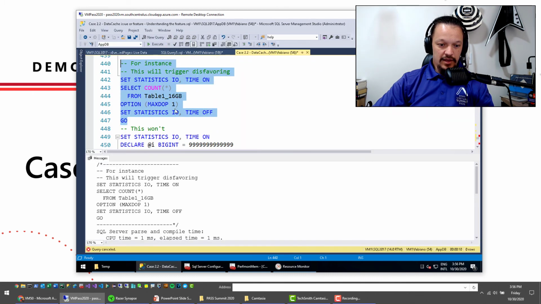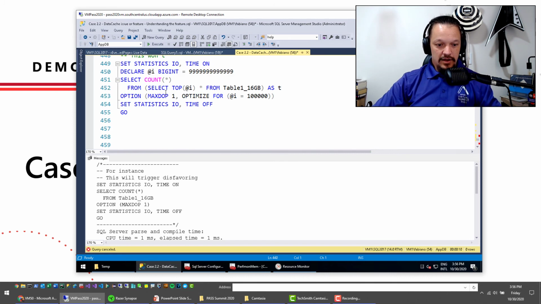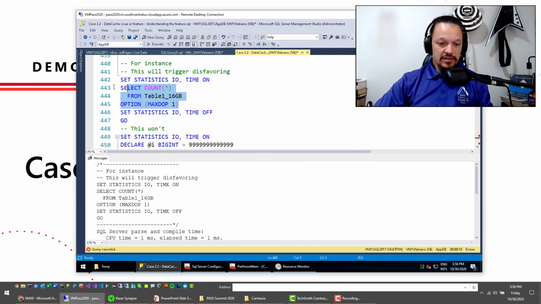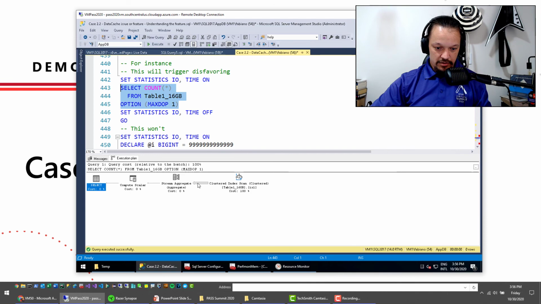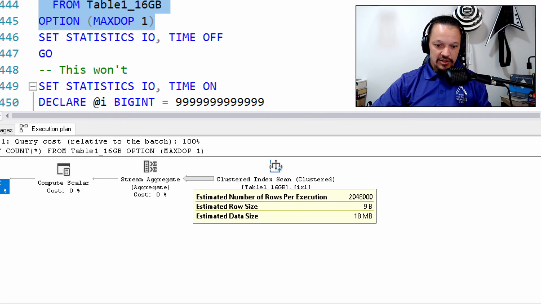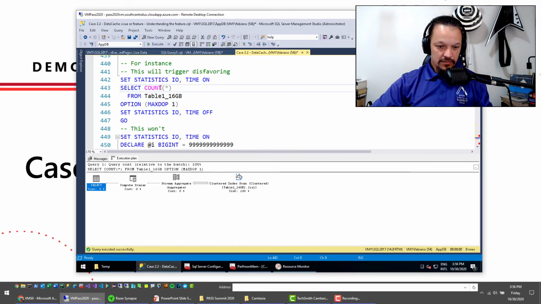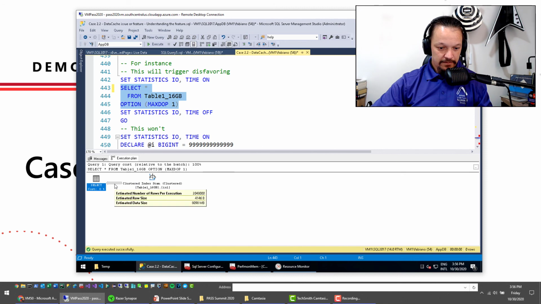And this is triggering disfavoring because if we look here, look at how much data this is actually. Wow, this is after returning only one row. To see everything, we would have to see this.